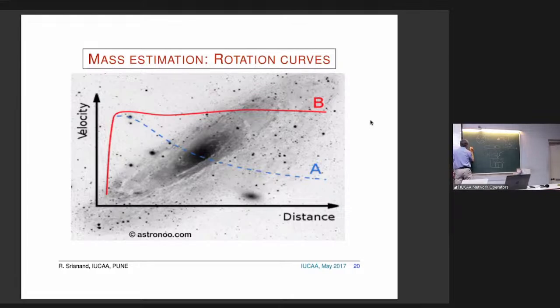The equation governing this will be V square will go as G M by R, correct? So I measure at any distance R will be like square root of this.